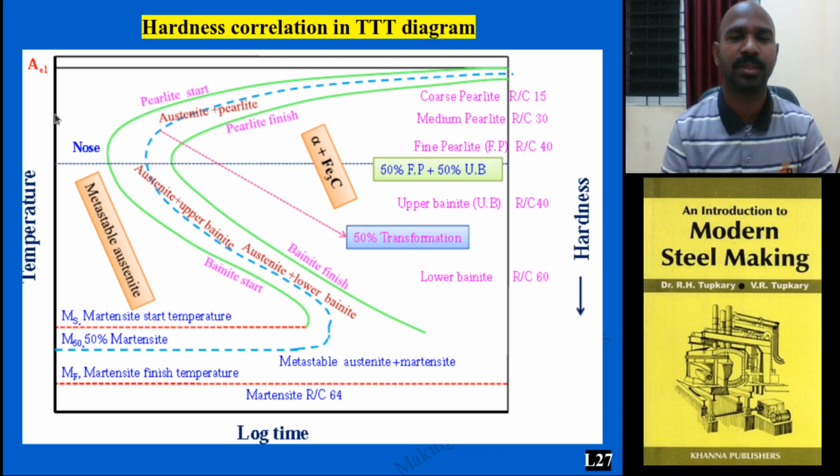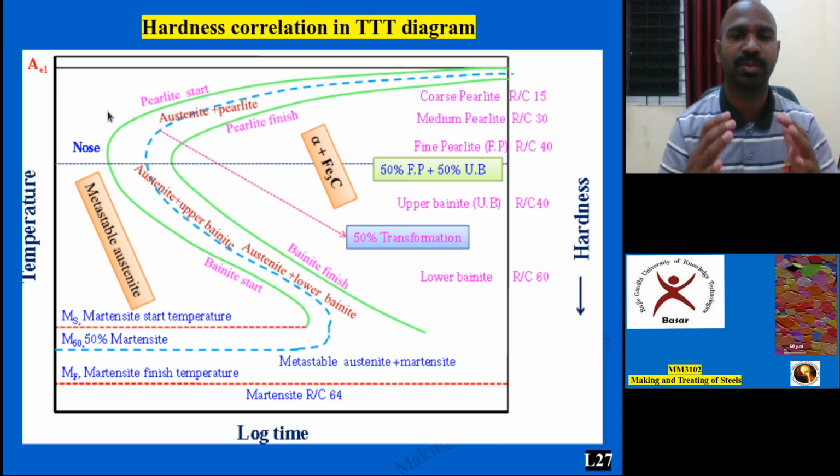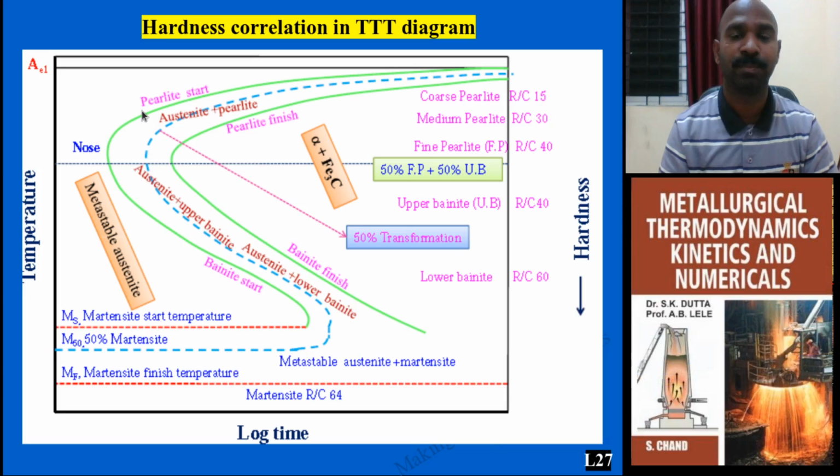For example, if you take a temperature of around 750 degrees Celsius in an annealing furnace such as a muffle furnace, if you keep it for an hour, it starts formation of pearlite, that is the conversion of austenite to pearlite.